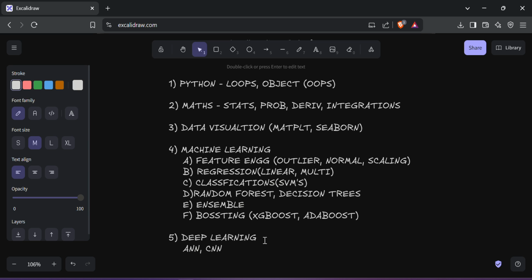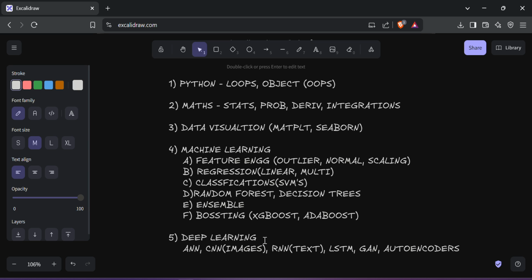Then CNN, which is used mainly for images, the data present in images. And then RNN, recurrent neural networks, for text. Then we'll be going to LSTMs, which are the memory, and GANs and autoencoders. We'll be discussing them later.